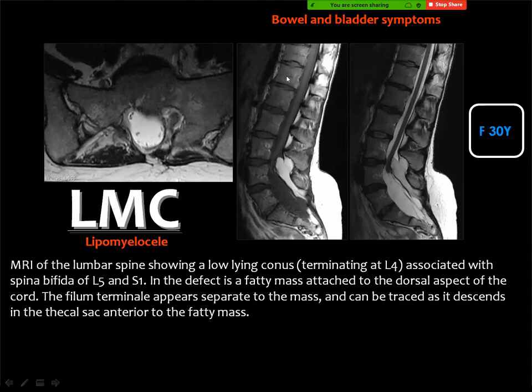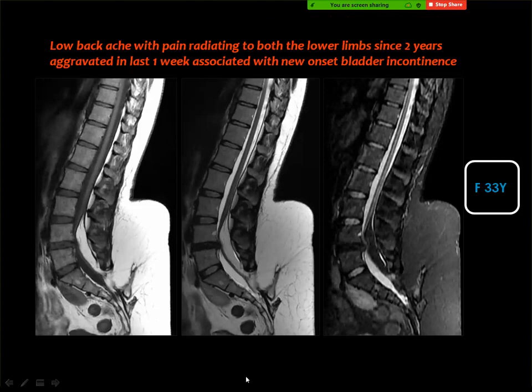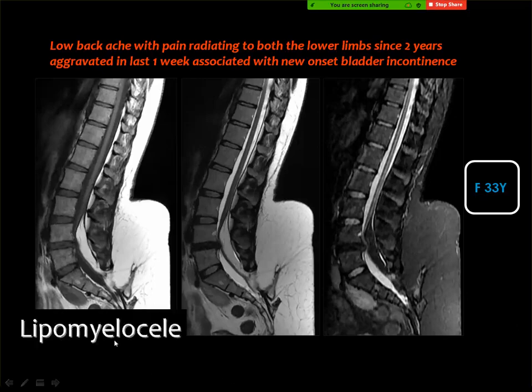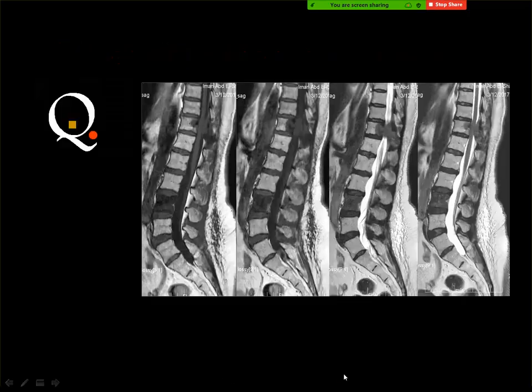And you can get a tethered cord with intradural lipoma, or tethered cord with lipomyelocele, or tethered cord with lipomeningomyelocele. Then this is another example, you see that the fat outside the spinal canal is continuous with the fat inside the spinal canal, and the attachment of the cord to the fat is inside the spinal canal. Then the diagnosis is lipomyelocele. Next case.